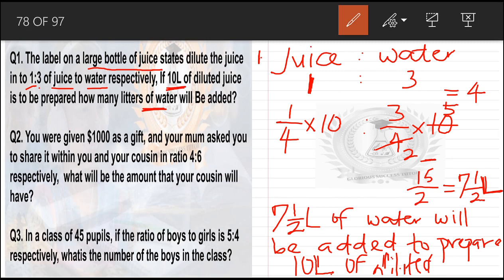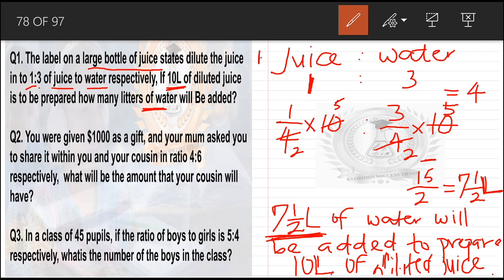This is what we need as your final answer: 7.5 liters of water will be added because this is the ratio of water. Assuming the question demands that you find the volume of juice that will be added to the water, you can just say 2 here, 2 in 10, 5.